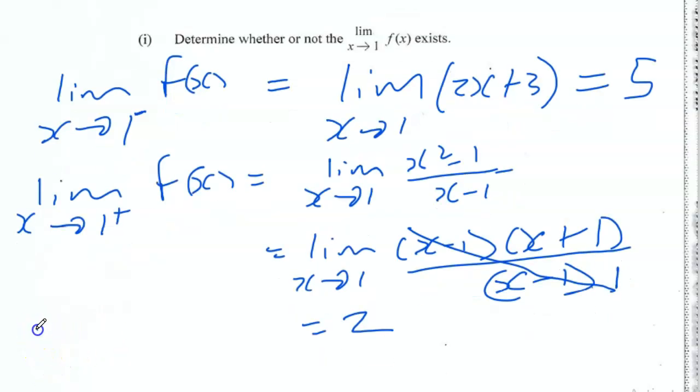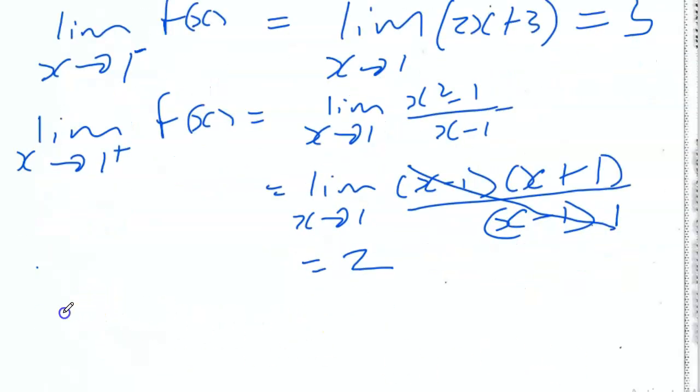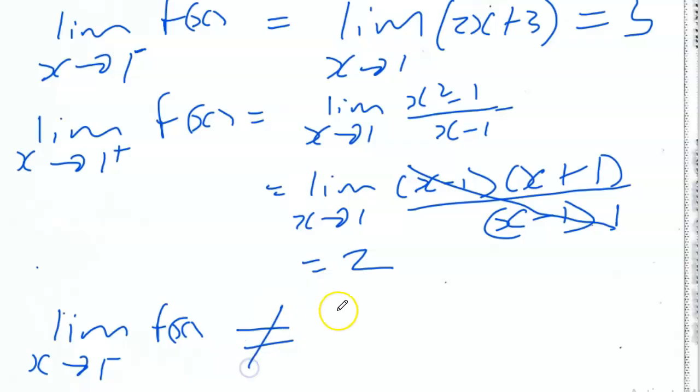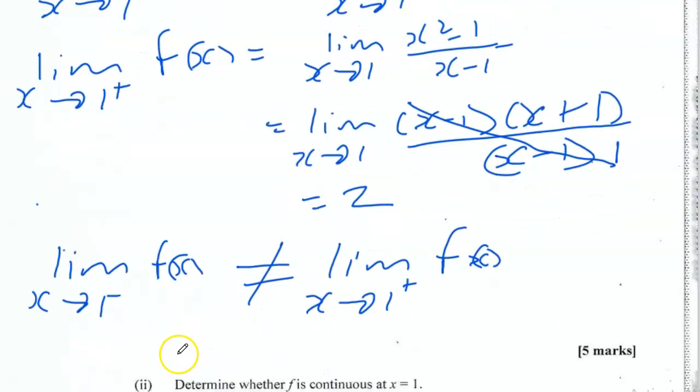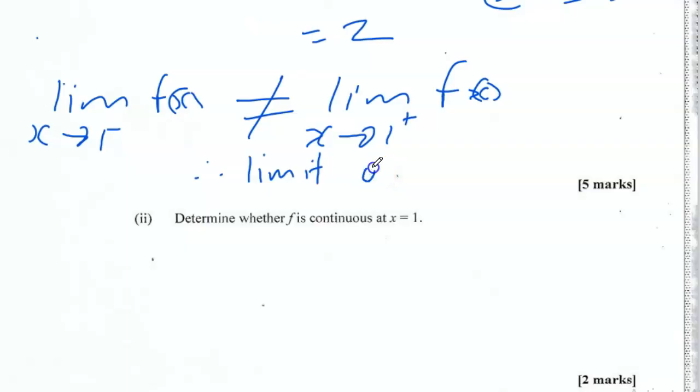So you'll notice that the left hand limit, which was equal to 5, is not the same as the right hand limit. So therefore the limit does not exist.